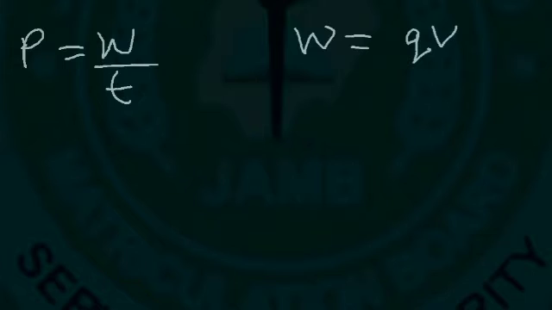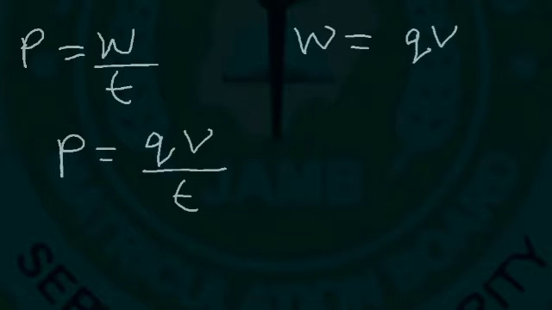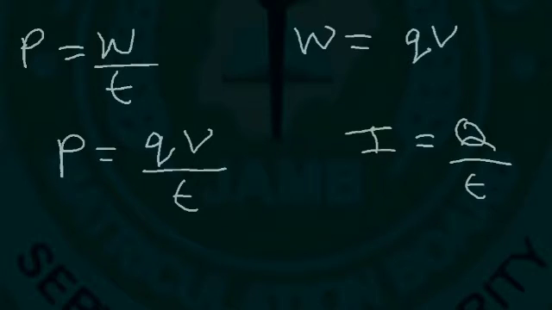So if power is work divided by time, and we know work is proportional to charge times voltage, let's ignore the negative sign, then power is charge times voltage divided by time. And we said that current is equal to the charge divided by time. A lowercase q and capital Q both represent charge.